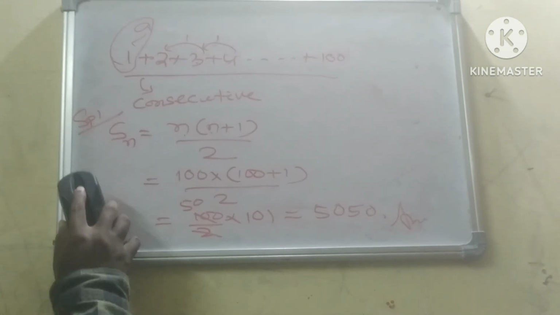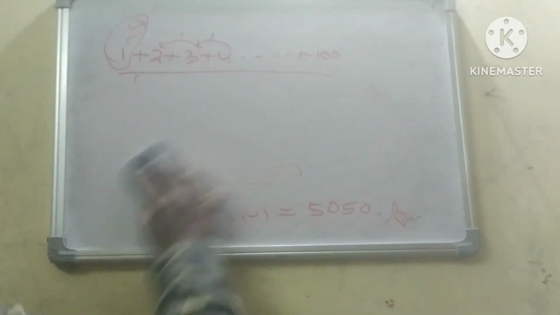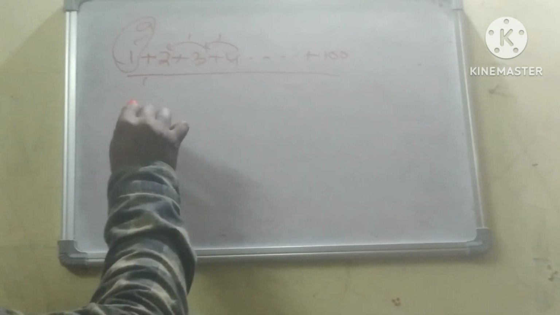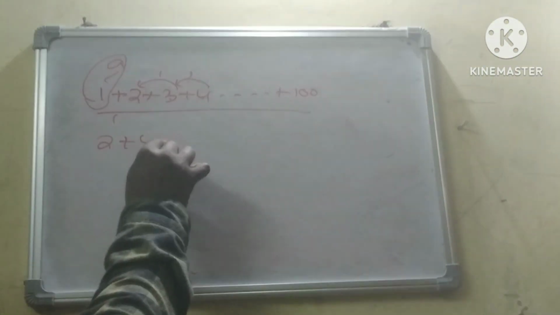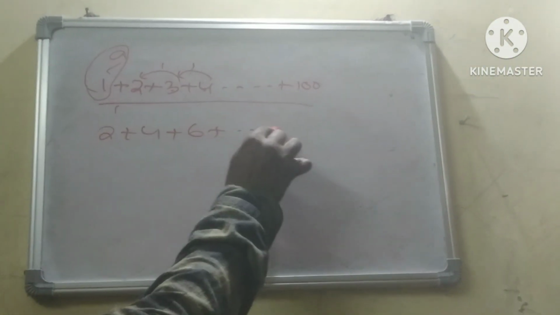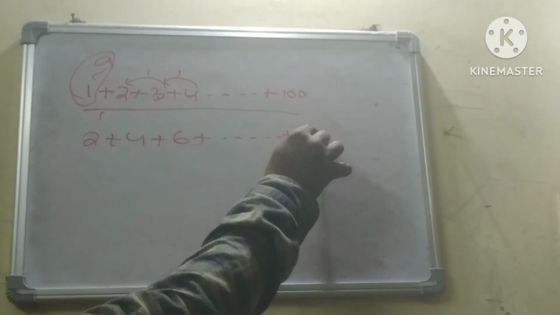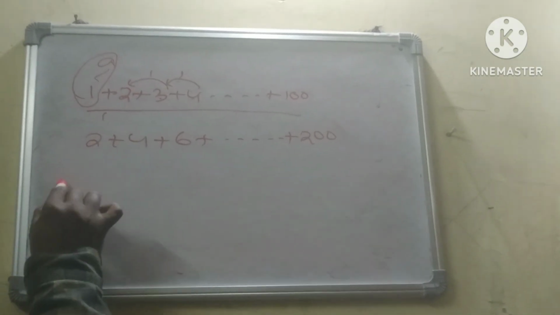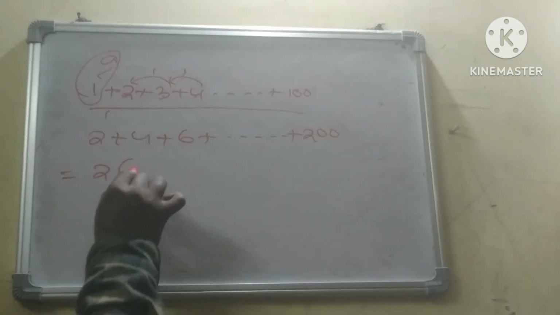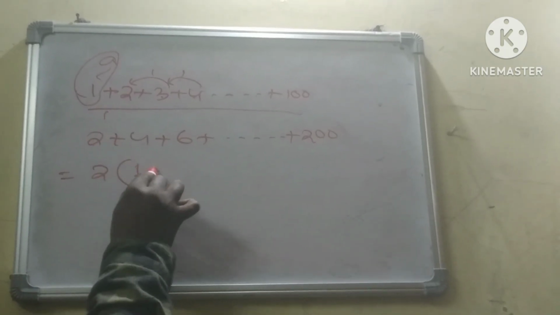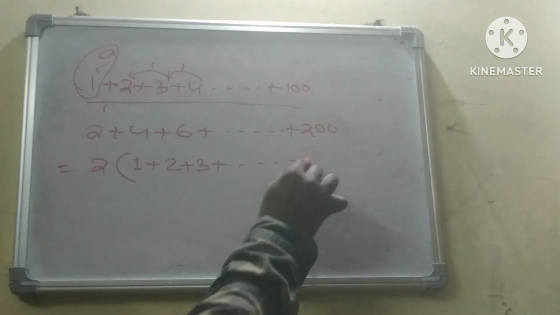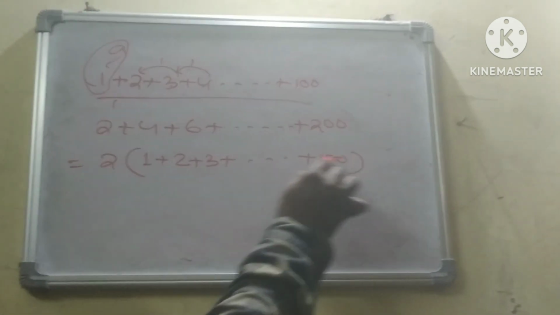So let's try another one. If the AP is given: 2 plus 4 plus 6 plus dot dot up to 200. So we can write this as twice of: 2 ones are 2, 2 twos are 4, 2 threes are 6, like this, 2 times 100 is 200.